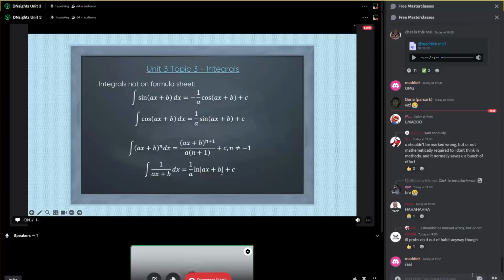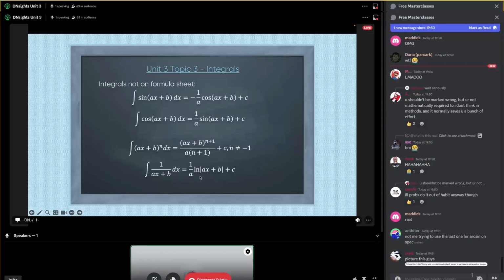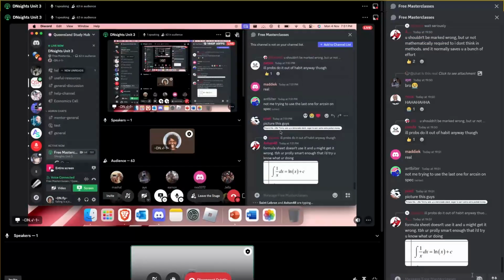Here I've put absolute value, which is how a specials kid would write it. You can just use the normal brackets, it's fine, but this helps remind us that we always do logs of the absolute value, of a positive value. It's never going to be 0 or negative. So that's why I've just written that again. But you can just write the curvy brackets here for ln, and you're completely fine. Okay.